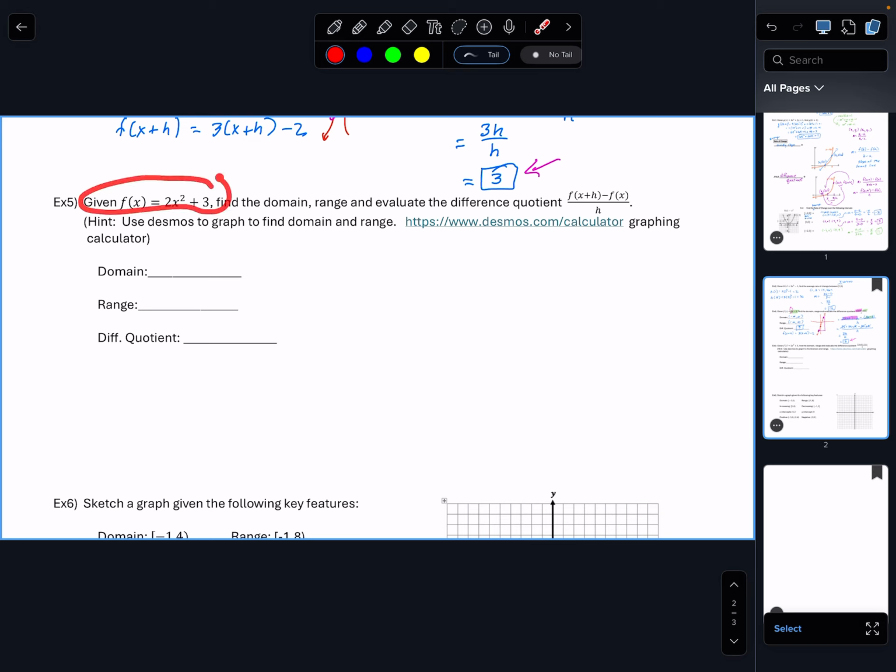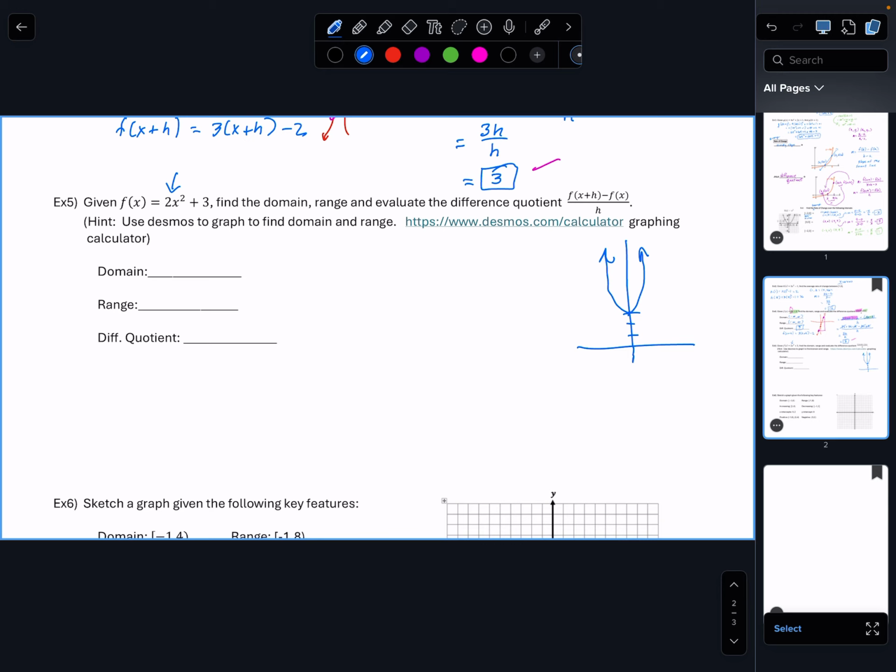Well, as much as I hope you remember what this looks like, if you don't, you put it into the Desmos graphing calculator and you graph this to see what it's like. I'm just going to mention what it looks like. It's a parabola opening up at 3, and since this is positive 2x squared, it opens up, and it's also a vertical stretch, so it's a little narrower. We don't need the exact points, but that's what it's going to look like.